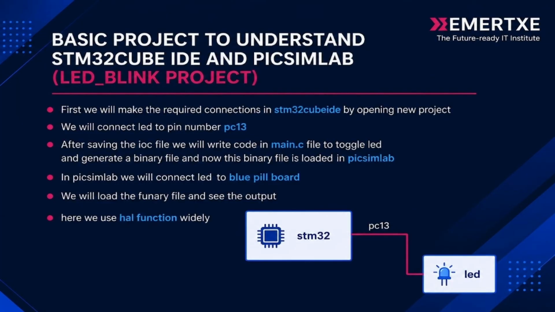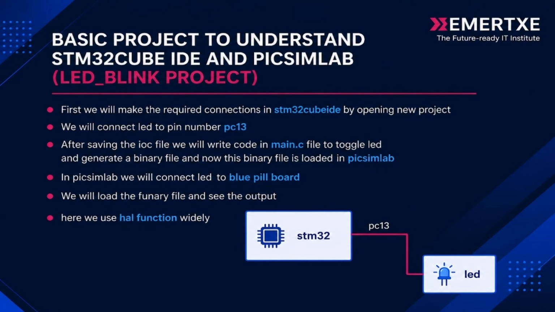As a basic project to understand STM32 Cube IDE and PixSim Lab, the first project is LED Blink. First, we make the required connections in STM32 Cube IDE by opening the project. We will connect the LED to pin PC13.